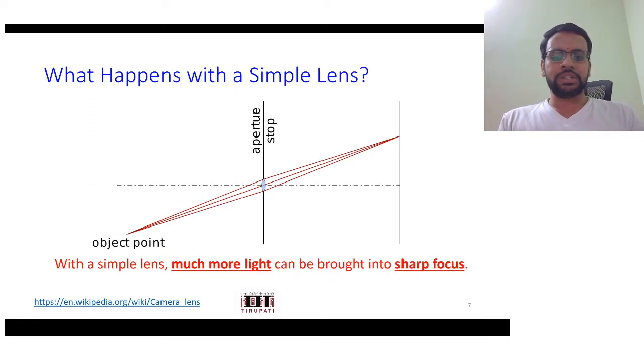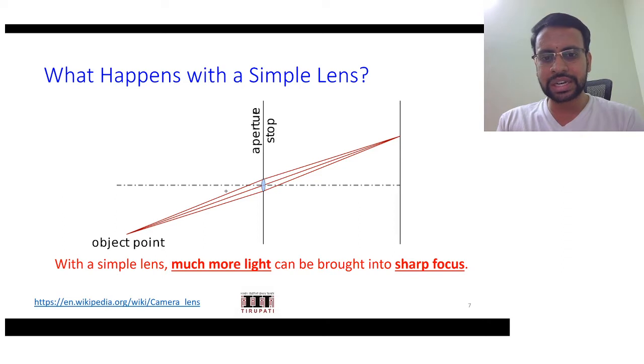So what could be done? A hole of moderate size could give you a good result, but the amount of light might not be enough, and you don't have control over focusing this light. So you put a lens in the middle.